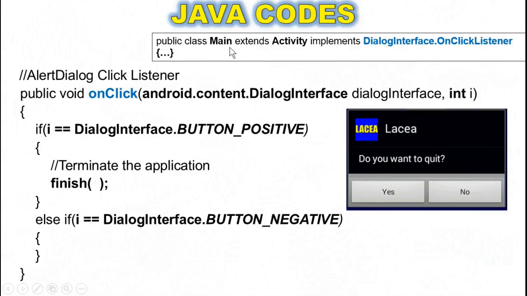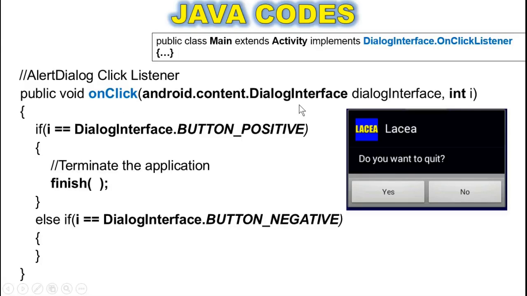The class Main implements the interface DialogInterface.OnClickListener that I explained in the previous slide. This interface is a contract that is mandatory, that we need to fulfill the operation of that DialogInterface, and that contract of that interface is that we need to write the definition of a method called onClick for the DialogInterface only, not for any buttons.